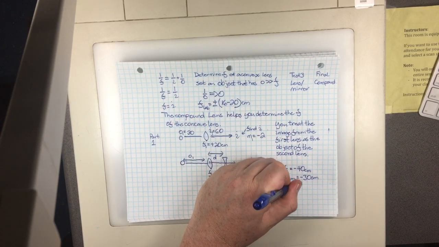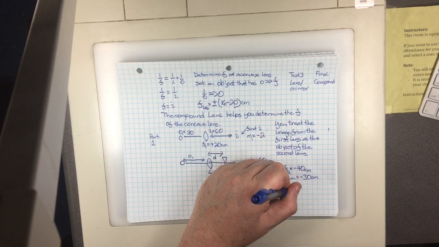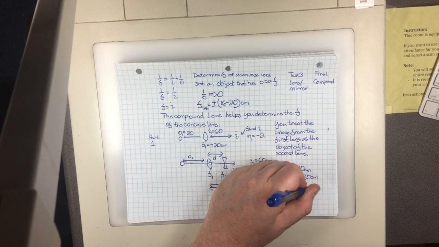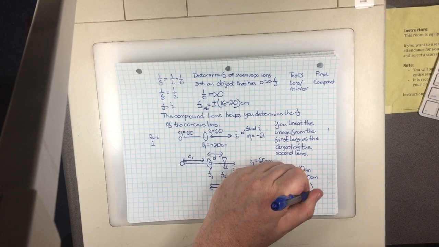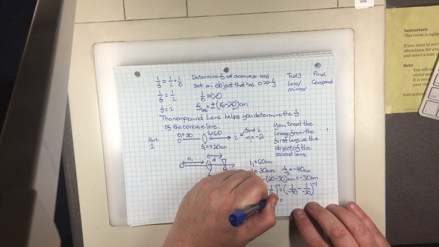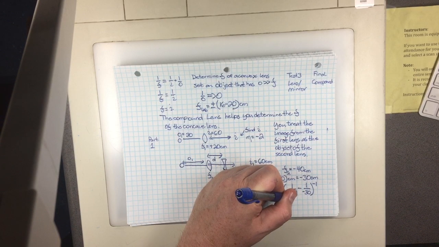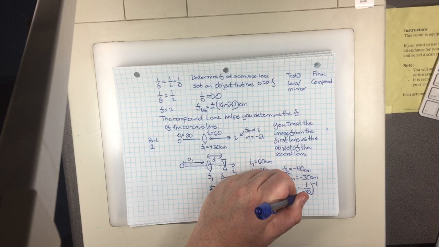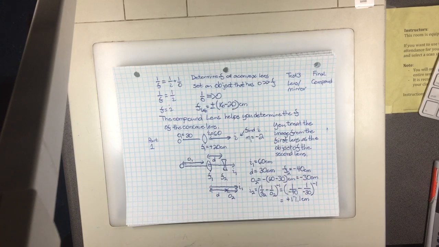So this is 1 over negative 40 minus 1 over negative 30, inverted. And that will give me a positive image distance for sure, of positive 17.1 centimeters.